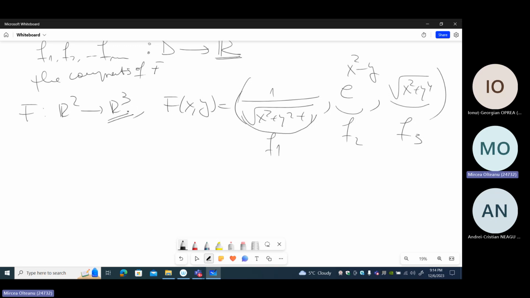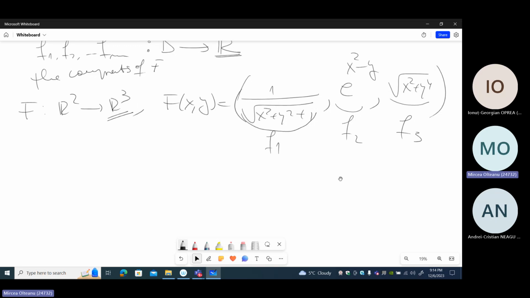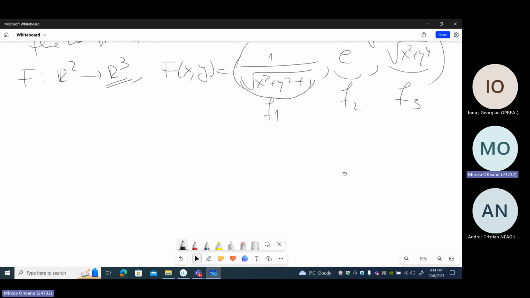Of course, now we need to define the notion of limit for such a function. We can define it by using vectors.